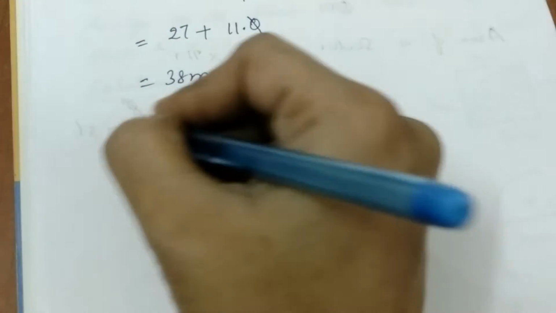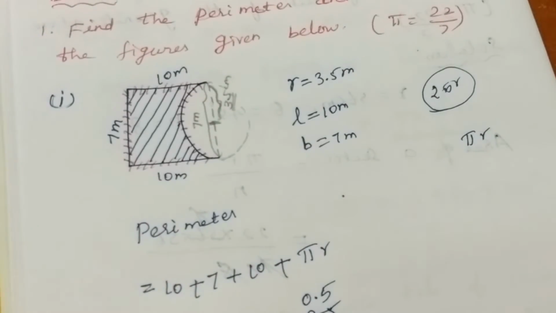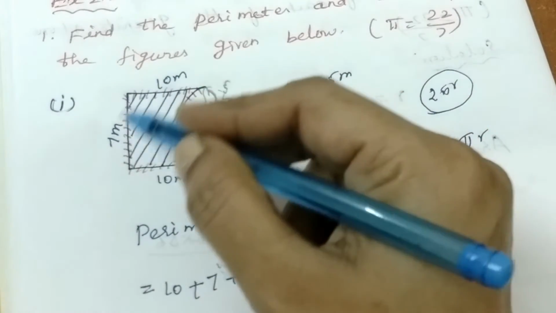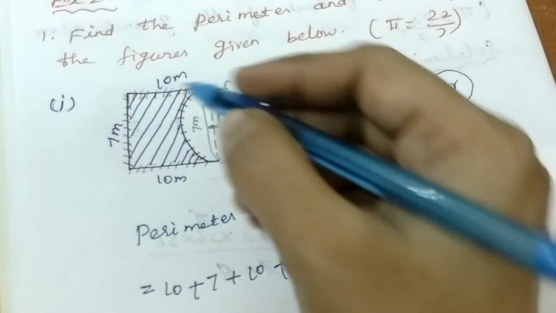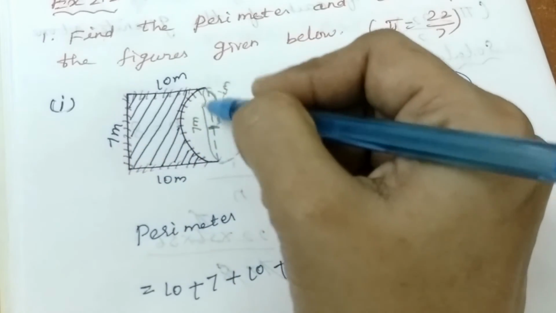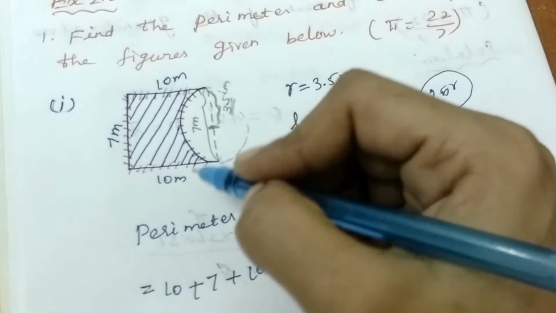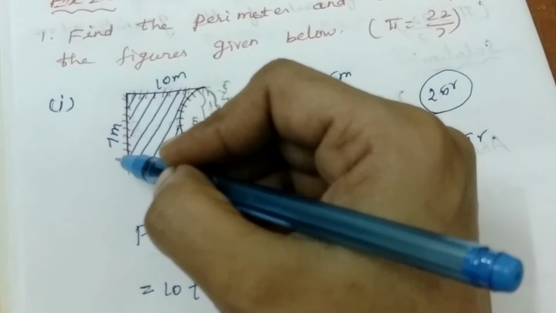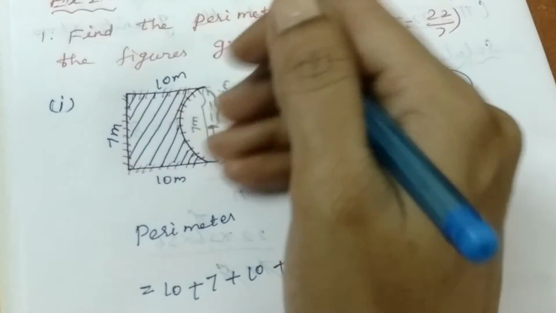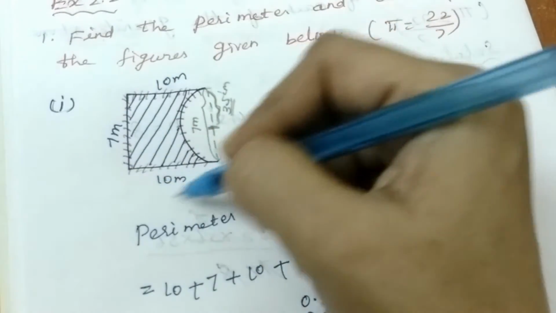Now next we are going to find out the area of this shape. What do you mean by area? How will you find out the area of this combined shape? Now we are going to take this rectangle first. Take a rectangle sheet of length 10 meter and 7 meter. Cut a semicircle from that rectangle, and we will get this shape.